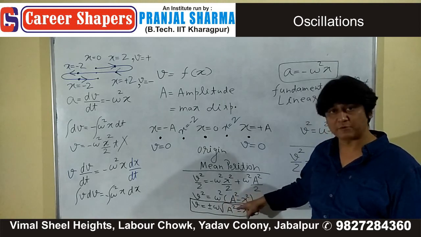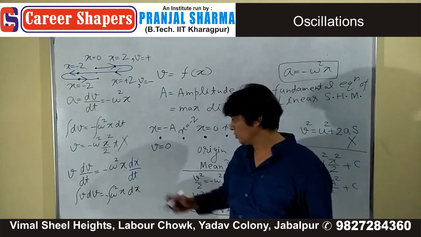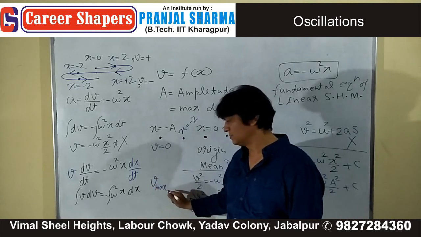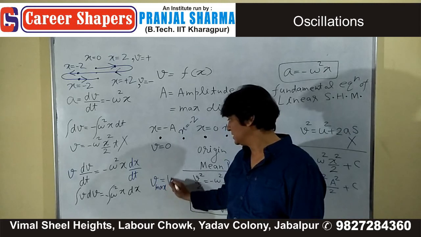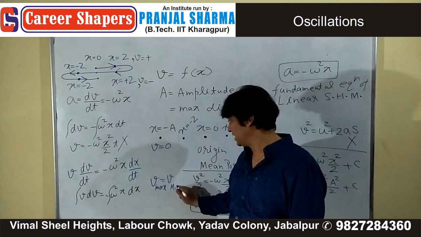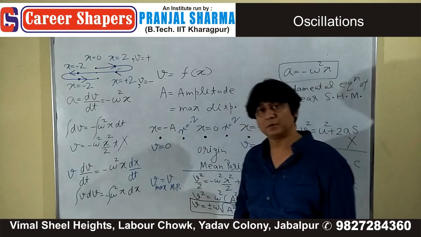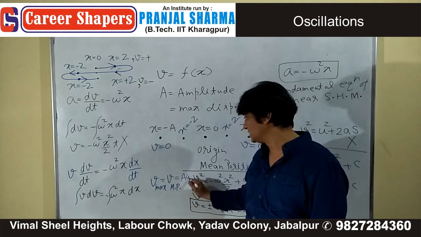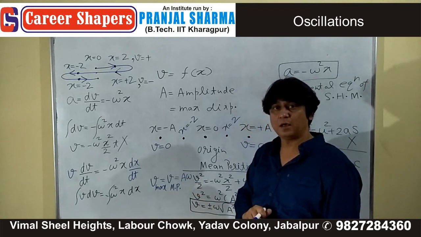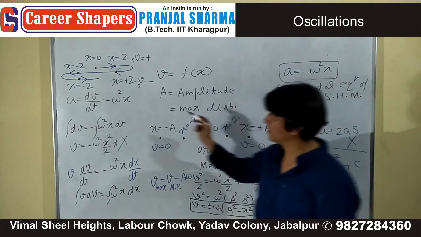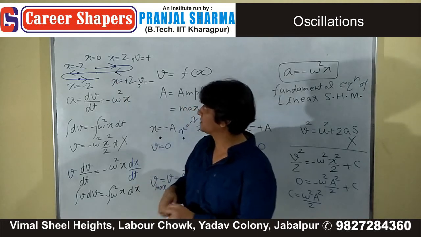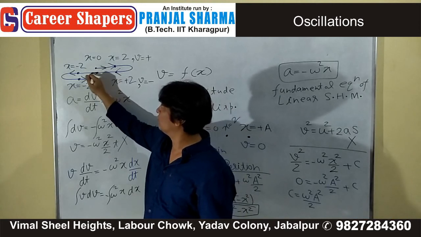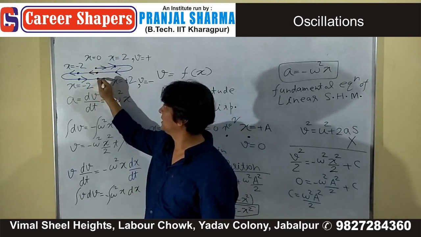What is that? Omega root over a square, which is a, and therefore V maximum is found at the mean position. And what is it? Magnitude wise, a omega. Magnitude means you're moving sometimes towards east, west, east.